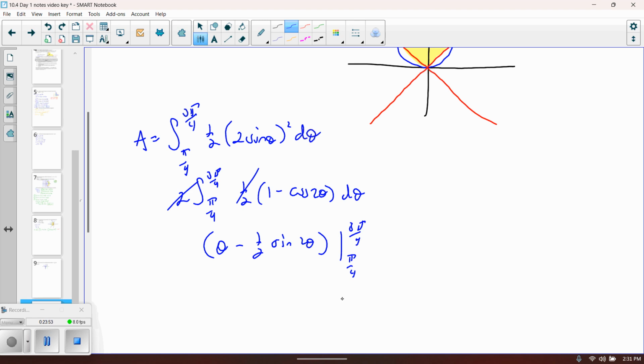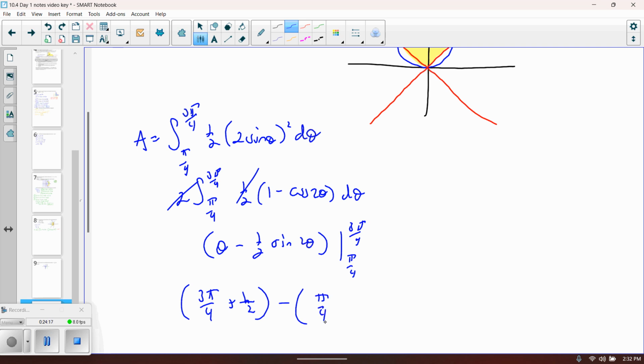All right, so plugging in 3 pi fourths, we get 3 pi fourths. Sine of 3 pi halves is going to be -1, times the -1/2 will give me +1/2. Minus, plugging in pi fourths, we get pi fourths.